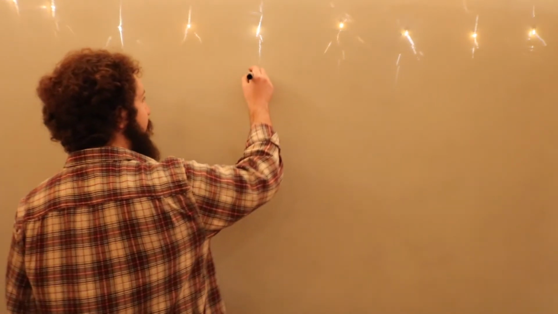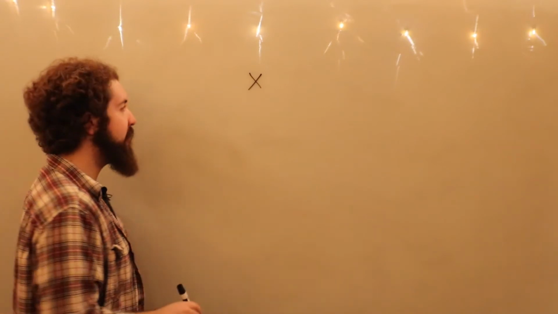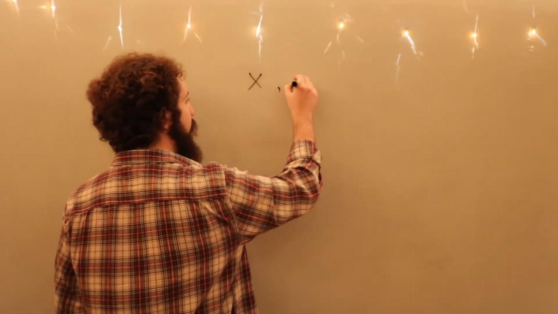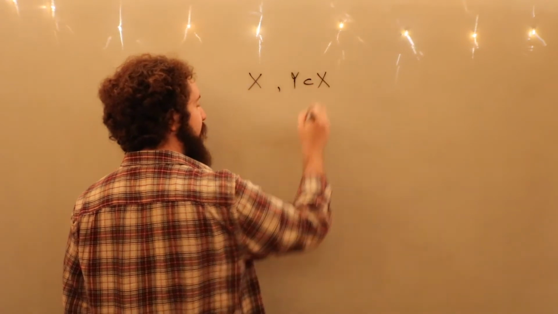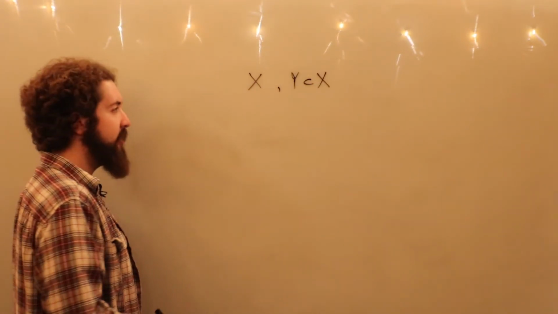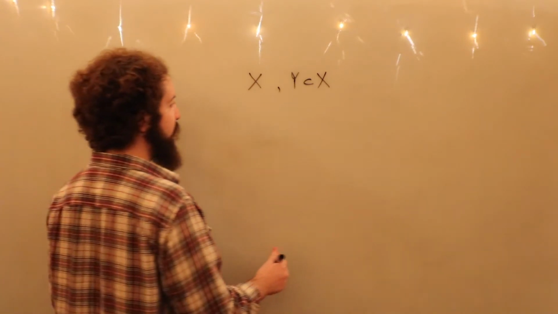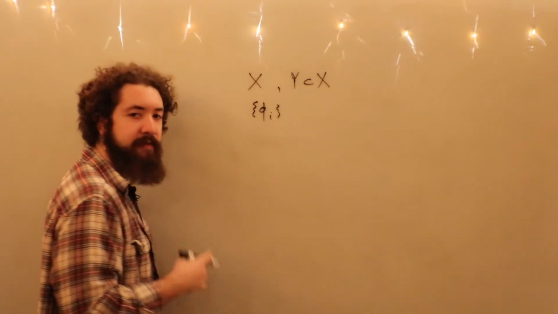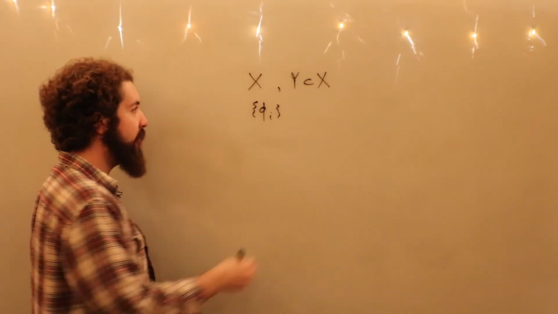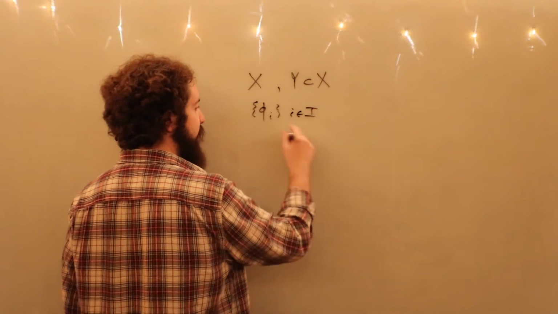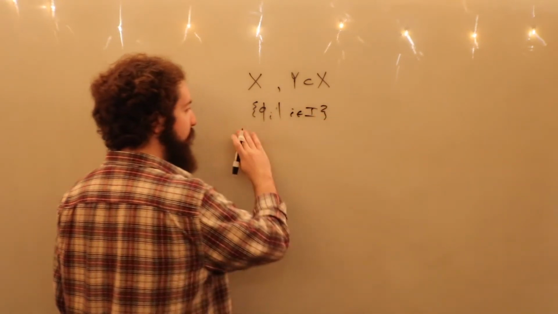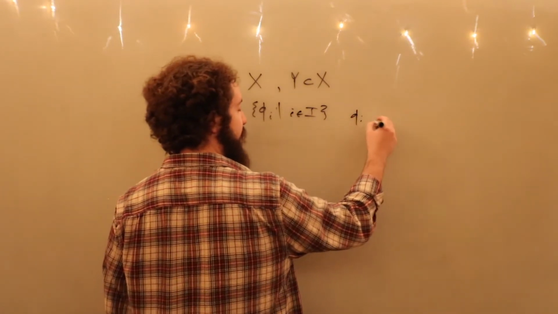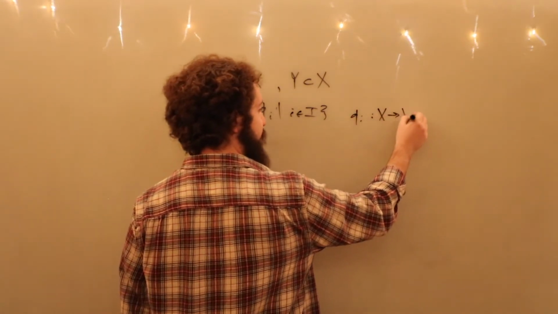So let X be some set, a set of anything. Doesn't matter what the elements of this are, it's just a set. And let Y be some subset of X, not necessarily the whole set X. And then let phi sub I denote a family of bijections indexed by some set, say capital I. This is some family of bijections from X to X. So we'll say phi sub I goes from X to X, the bijection.